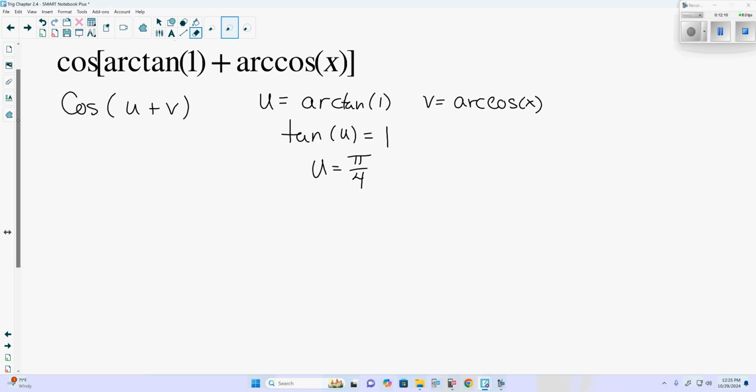So we have that there. The other one is telling us that cosine of our angle v, not x, v, is equal to x. Well, we don't have something that works with that there because it's just x.